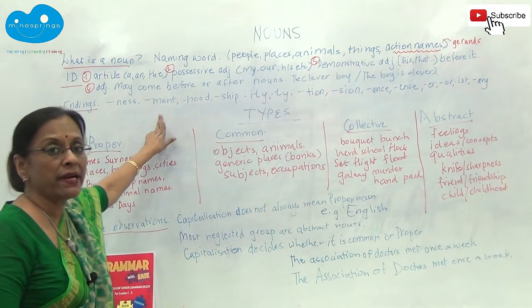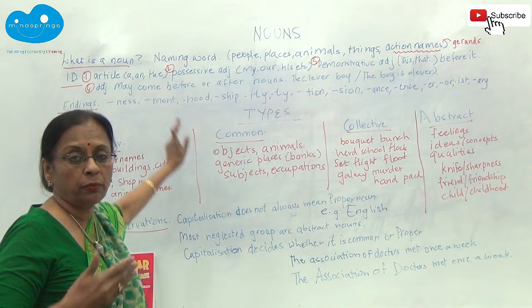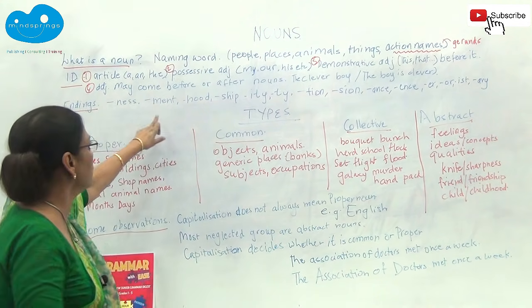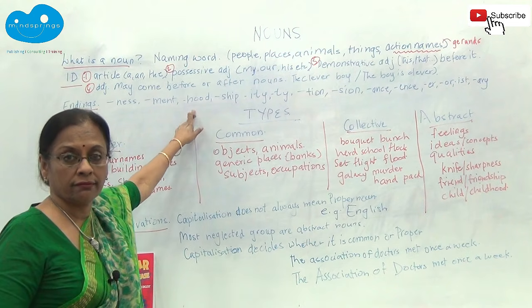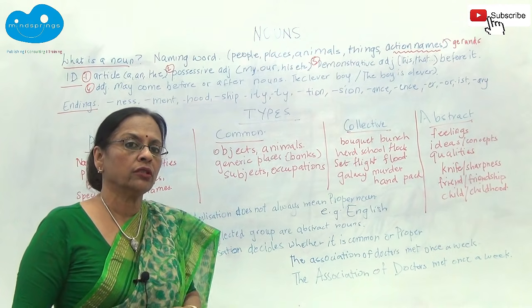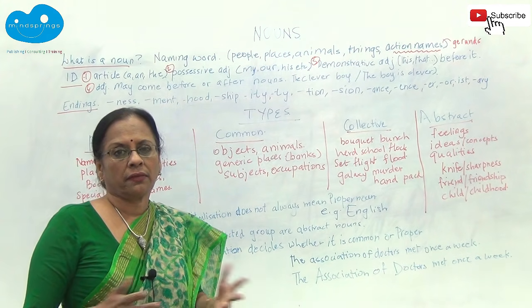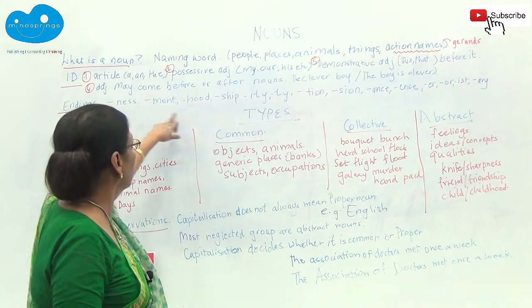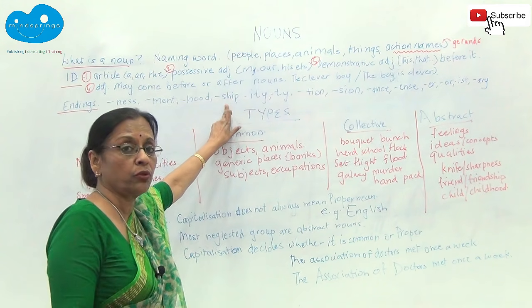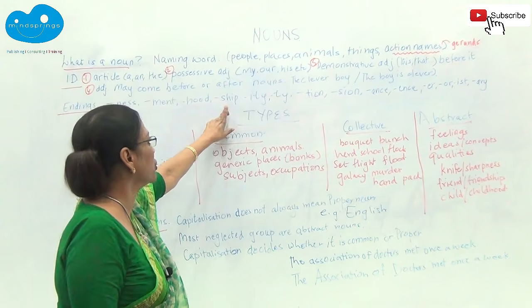And then you'll get ment, statement, predicament, excitement. So you'll get a lot of ment words. You'll get hood, so you'll get words like childhood, widowhood. You'll get ship, friendship, hardship, statesmanship, all these ship words.